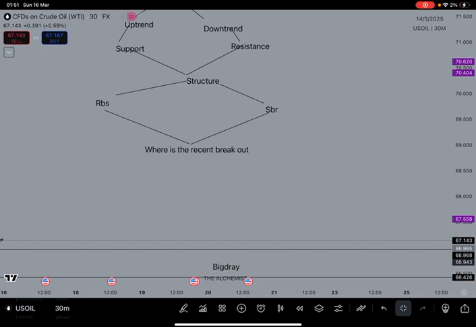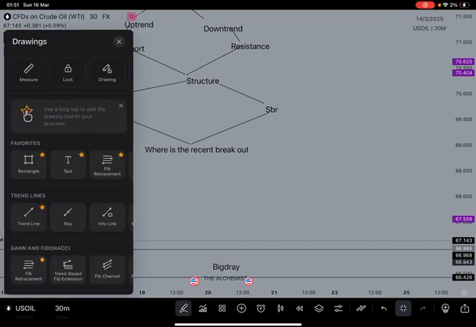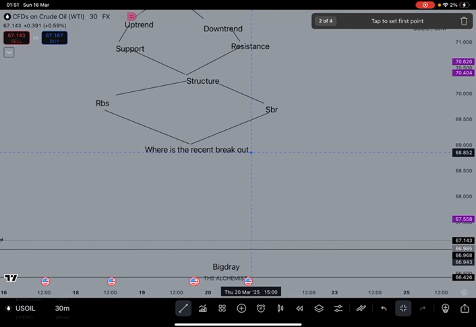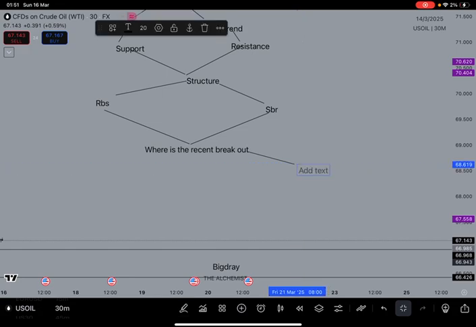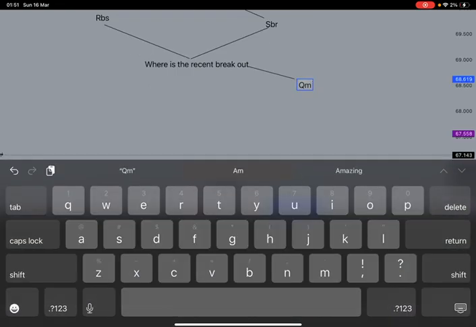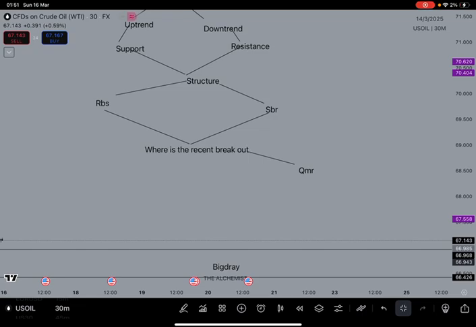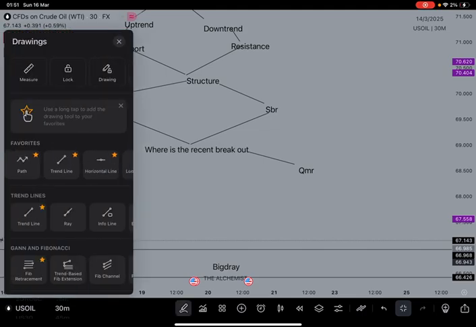Any new support below the market structure shift is your QMR, which is Quasimodo. After the RBS has been touched, you look for the next support, which is always the QMR. Something like this.